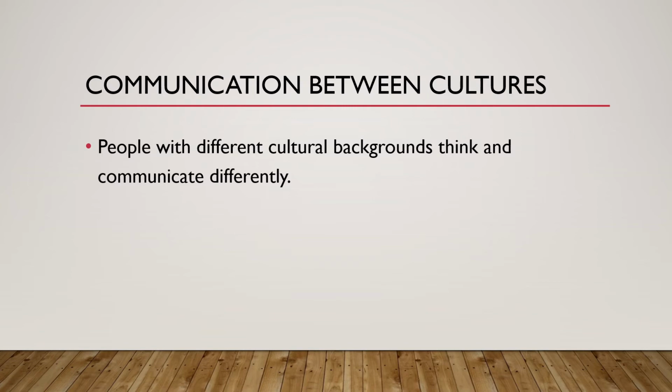If we are encoding things differently because of our cultural backgrounds and decoding or assigning meaning differently, that may impact how we interact with other people. We can even think about it from the most fundamental level: if we are using different language systems, that's going to really prevent us from being able to engage in intercultural communication.